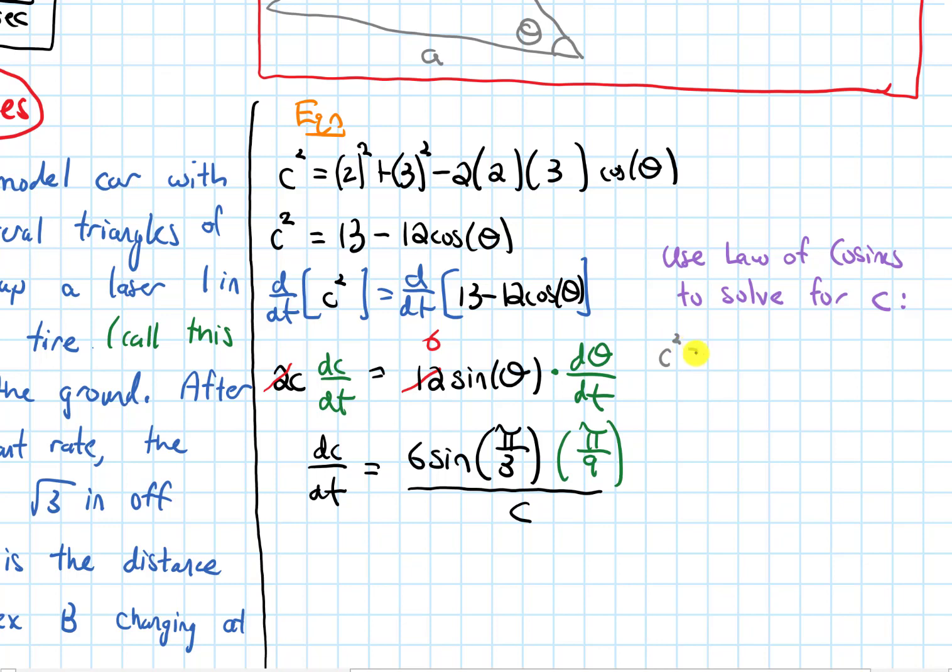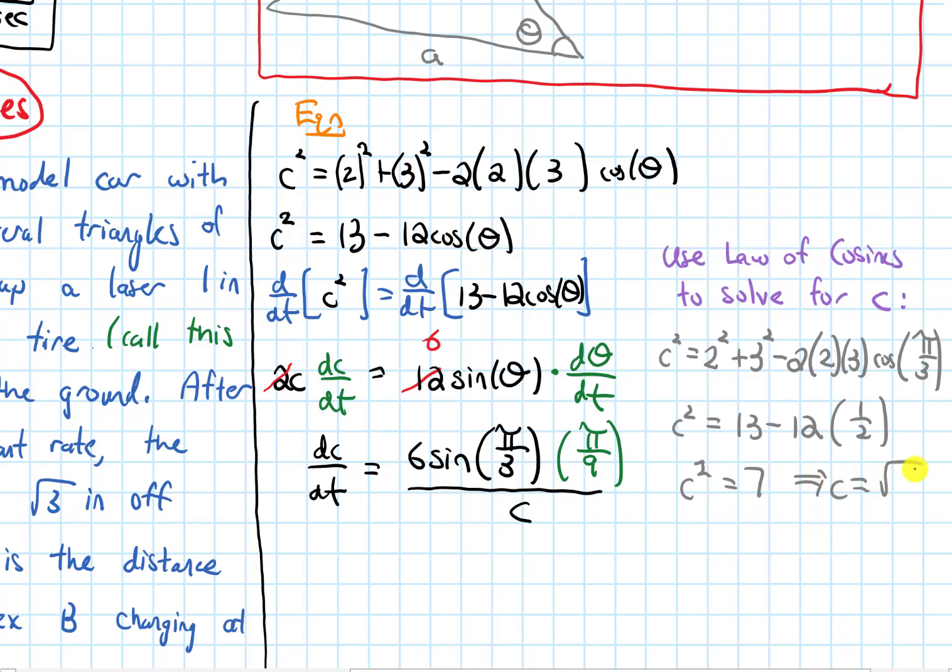So we get C squared equals 2 squared plus 3 squared minus 2 times 2 times 3 times cosine of the angle, which was pi over 3. So C squared equals 13 minus 12 times cosine of pi over 3, and that's 1/2. So C squared equals 13 minus 6, which is 7. And if I square root this, we get C equals root 7. I don't need a plus or minus since C is a length.